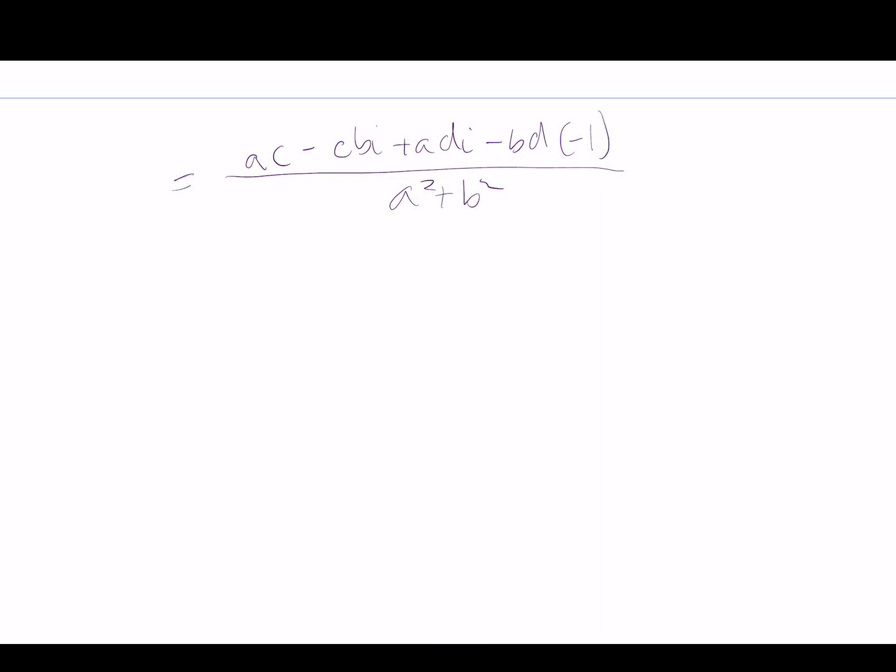And then we can simplify a little further by combining the real parts and the imaginary parts. That's ac plus bd, that's the real part there, plus ad minus cb times i, all, we'll rewrite that denominator, all over a squared plus b squared. And so that shows us how we divide complex numbers.